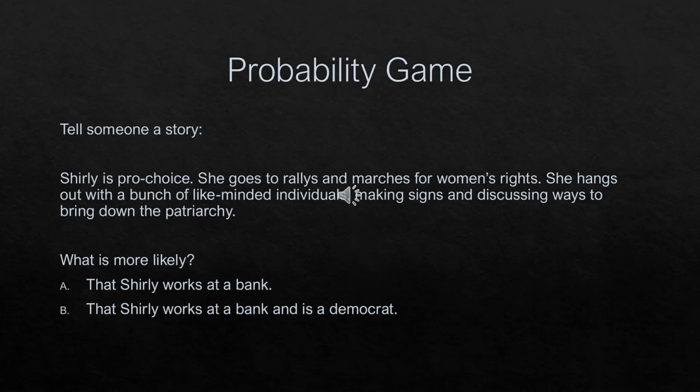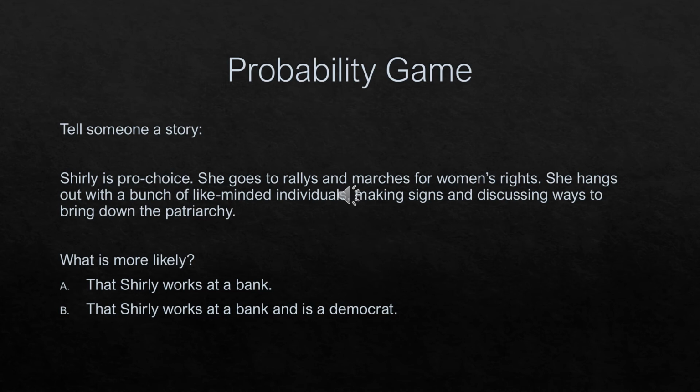Now, the issue here is that a bunch of people are going to be pulled towards B being more likely because of the way that the story is set up. But the rules of probability are such that anytime you have 2 things, it's always less likely than just having one thing. So what's the likelihood that Shirley works at a bank? I don't know, maybe 1 out of 100 people work at banks. But what's the probability that Shirley works at a bank and is a Democrat?